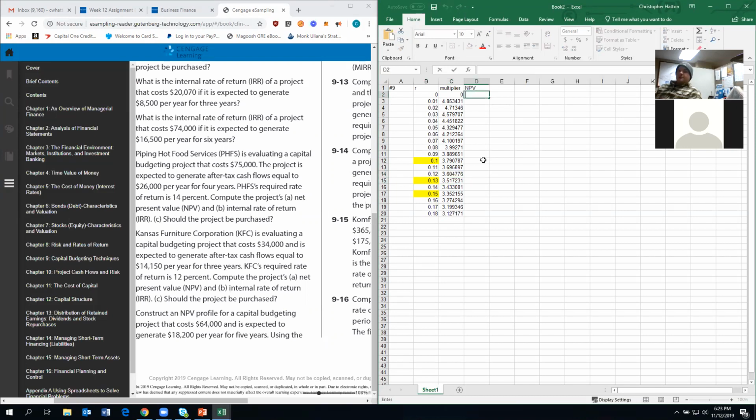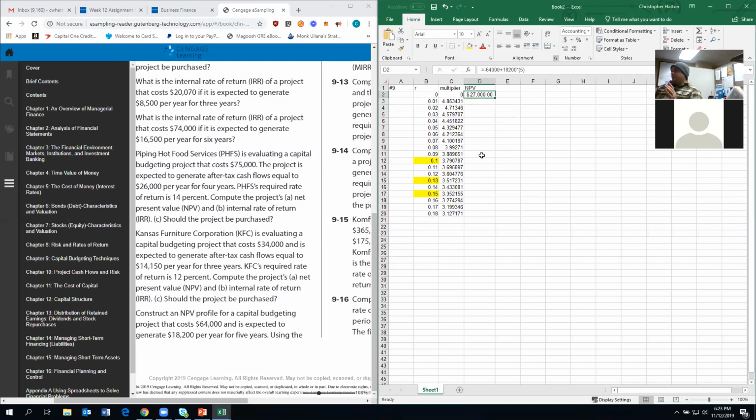So our actual net present value for our top one here is just going to be, so it costs 64,000. And then we add in 18,200 for 5 years. So that one just calculate on its own because it's an easier way to do that.